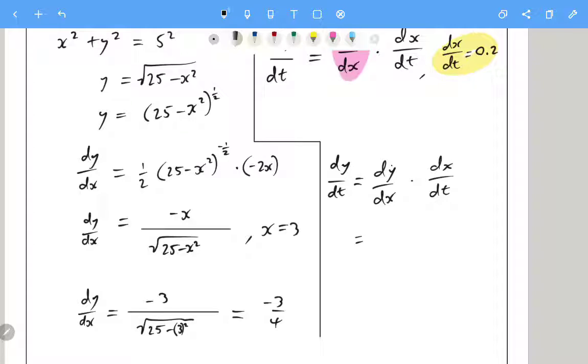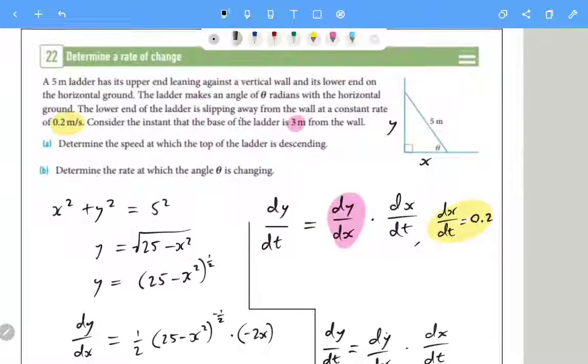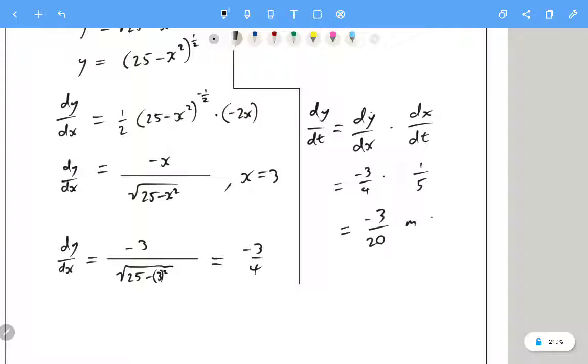And I know that dy/dx is negative 3 on 4, and dx/dt is 0.2, which could be better written as 2/10 or 1/5. And when I multiply these together, I get negative 3 on 20. That means that since our units so far have been to do with seconds and meters, this is meters per second. And the fact that it's negative means that the ladder is slipping down the wall.